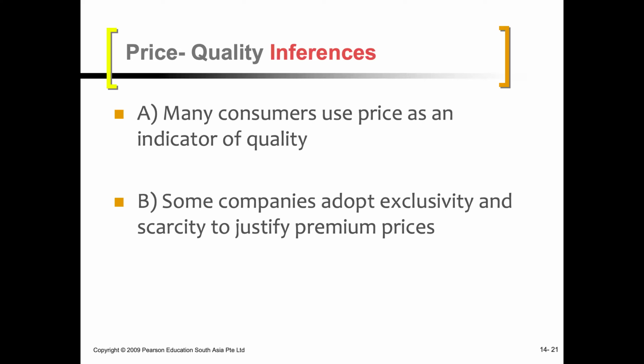You can pay a little less and still get good quality products. But anyhow, this is a very common perception among most consumers that higher price equals high quality. So that's why some companies adopt exclusivity and scarcity to justify premium prices.